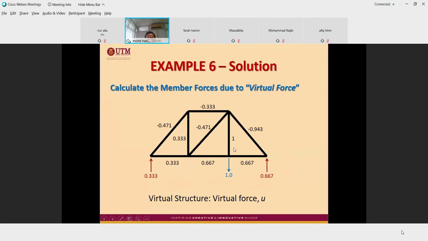Now calculate the member forces, and then calculate the reaction here. When the question is about displacement or deformation, you have to be familiar with the force calculation.